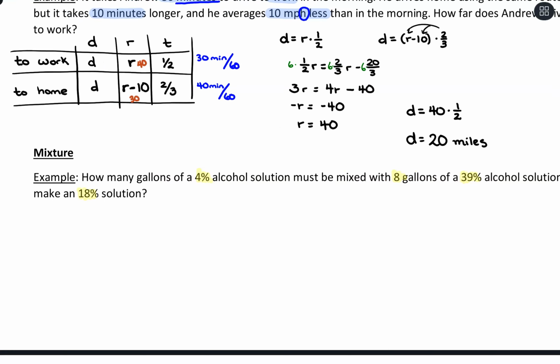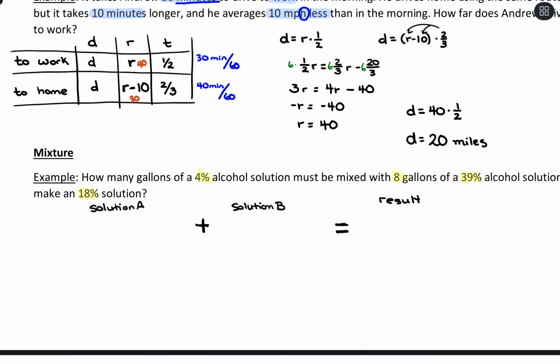Okay, so we're combining two things and ending up with a result. So it's like we have one solution. Let's call this solution A, solution B, and we have our end result. Now, whenever we have these percentages, say I want to know how much alcohol is in there.